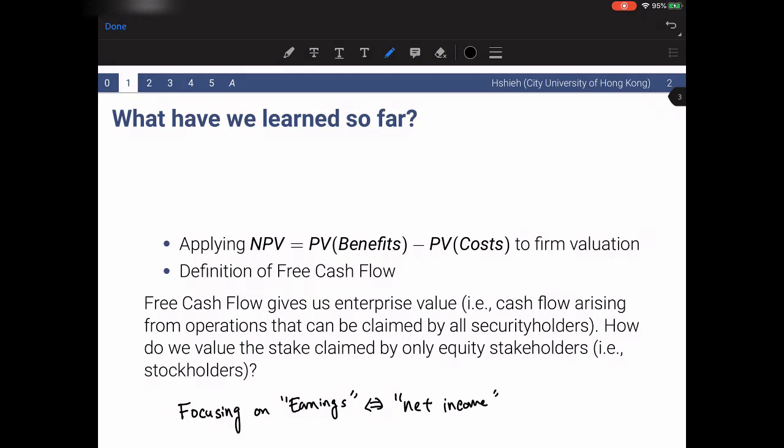Okay, so to emphasize, the net refers to adjusting after liabilities. So liabilities just means money that you owe, or after you, specifically after interest payments.